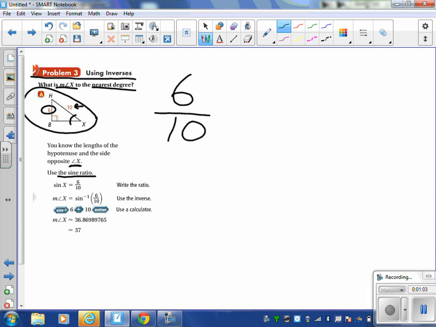That's my sine x ratio that I'm going to work with. But I need to find the measure of angle x. What is that measure? So we need to use the inverse to solve the problem. So how do I solve this problem?